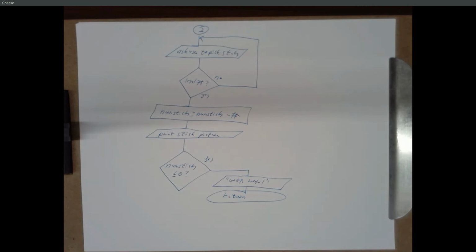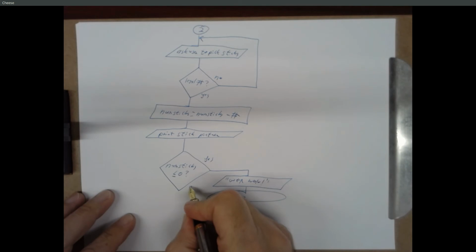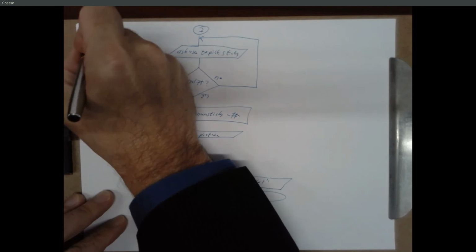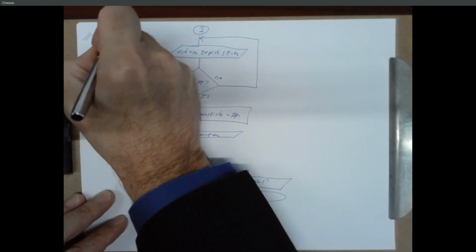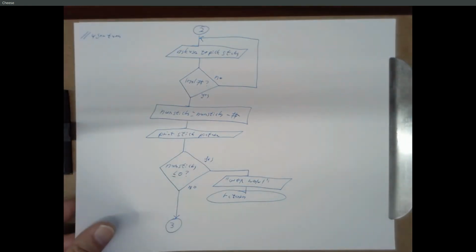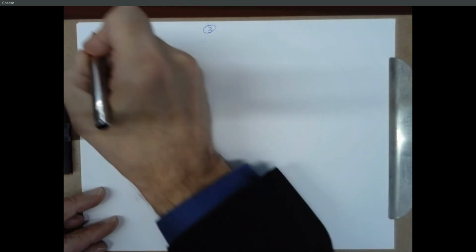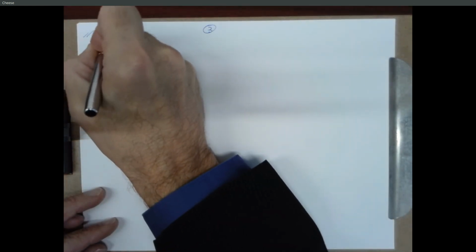Good. All right, if there are still sticks left in the pile, let's go down to page 3. So page 2 is the user turn. Page 3, this is the CPU turn.